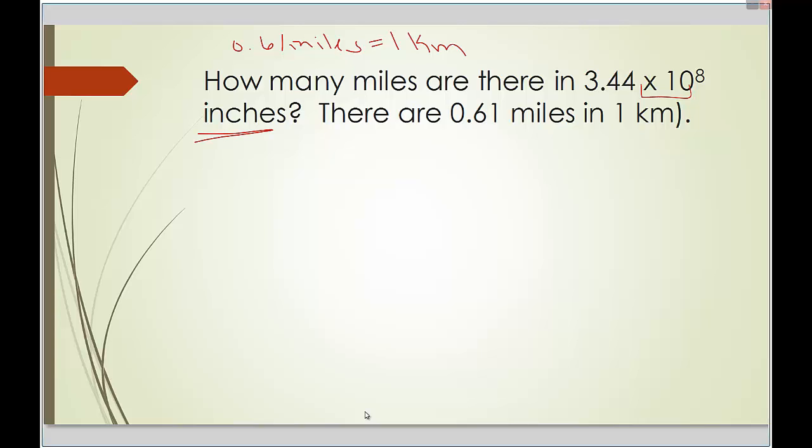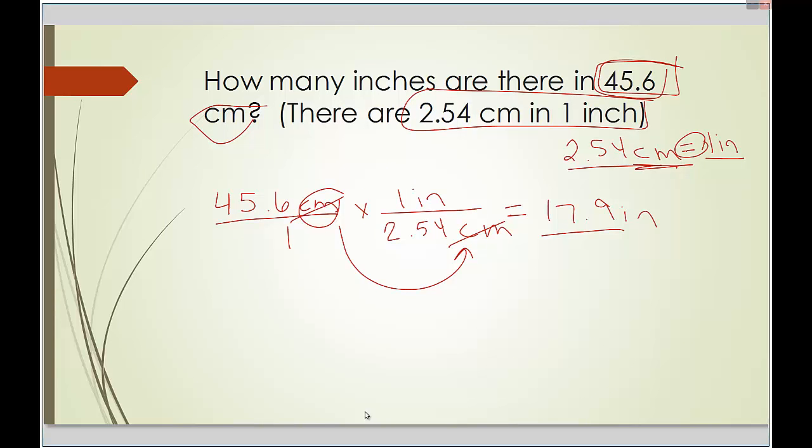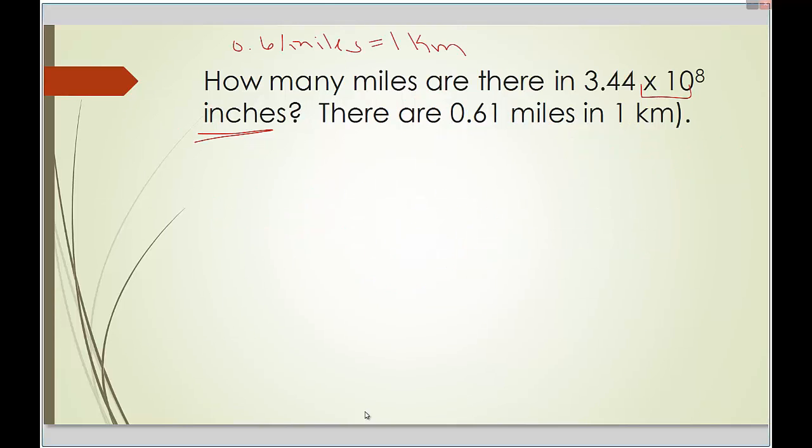So if we go to the previous question, we know that there's 2.54 centimeters in 1 inch. Okay, so we have inches here and we have miles here, but we have a big gap in between them. If we start off with inches, inches can get us to centimeters, and then eventually centimeters will get us to kilometers.